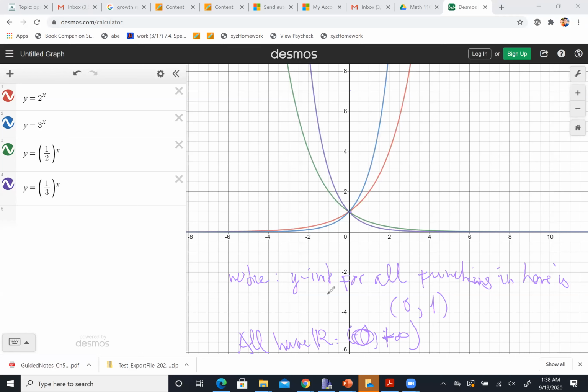And if you see that for the base b, or growth factor, with base b greater than 1, then it becomes increasing or growing.